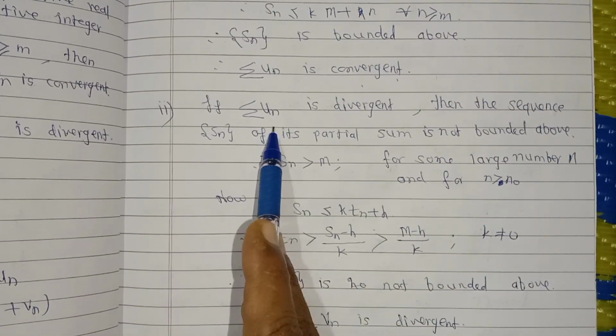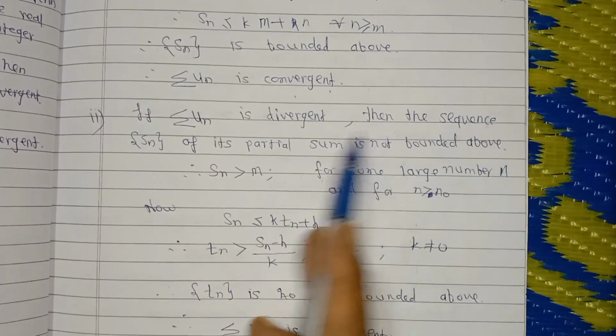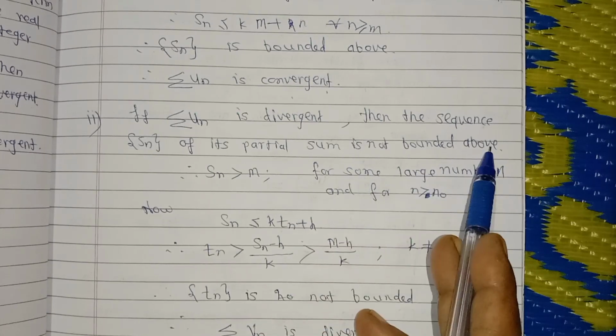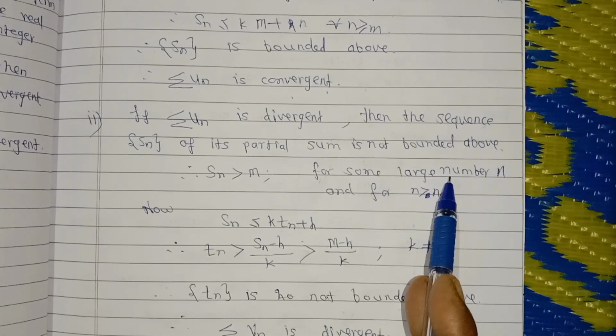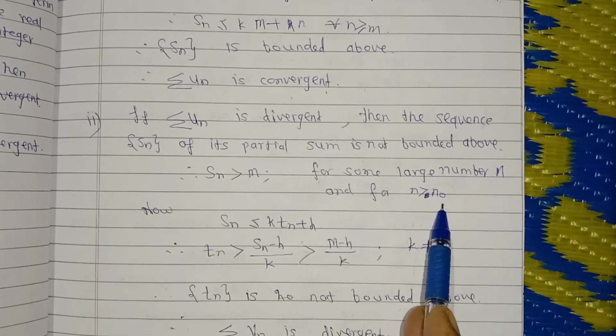Now we consider another case. If summation of un is divergent, then the sequence Sn of its partial sums is not bounded above. That means Sn is greater than M for some large number M and for n greater than or equal to n naught.